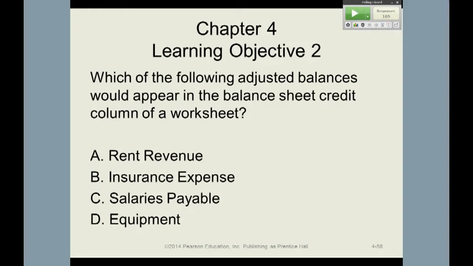Which of the following adjusted balances would typically appear in a balance sheet credit column of the worksheet? So what would you typically find in the credit column of a worksheet? So let's go again. I'm keeping track.